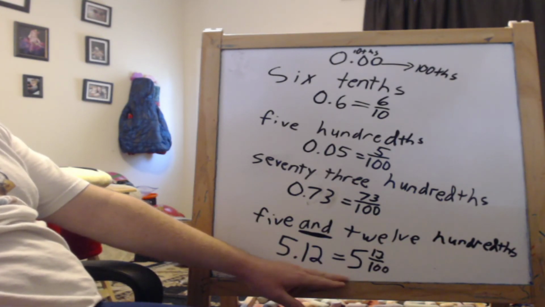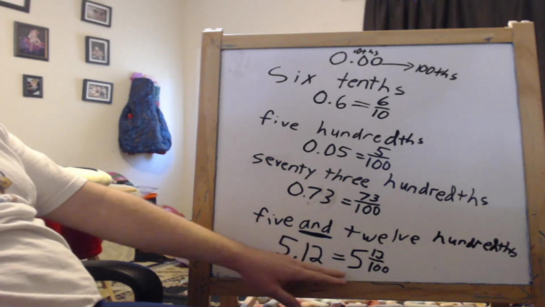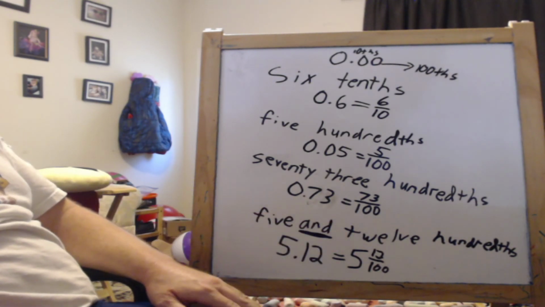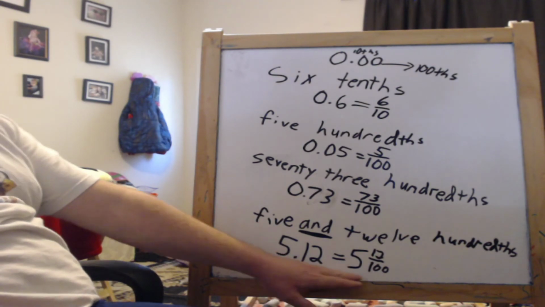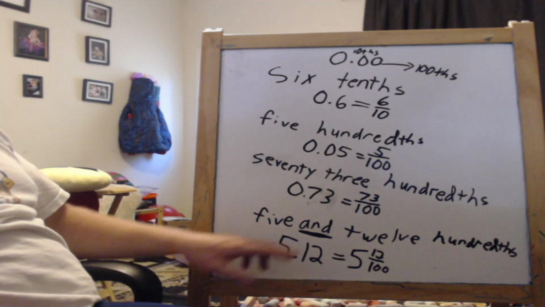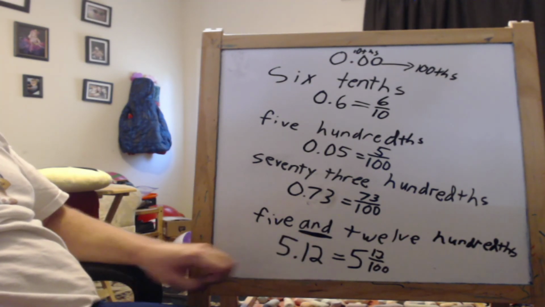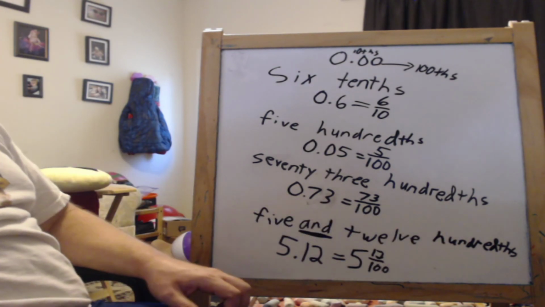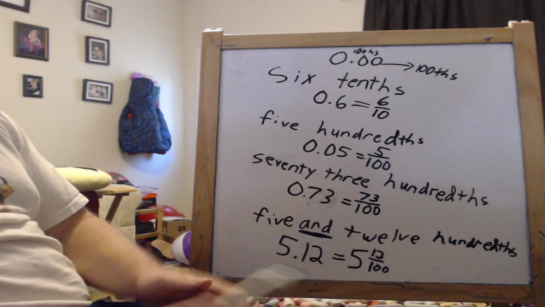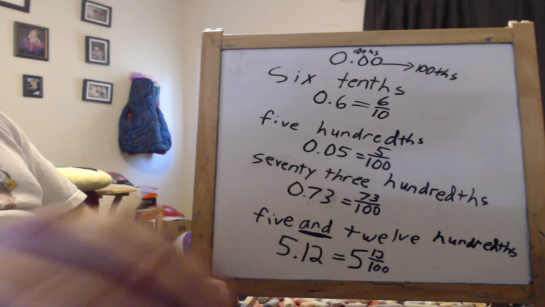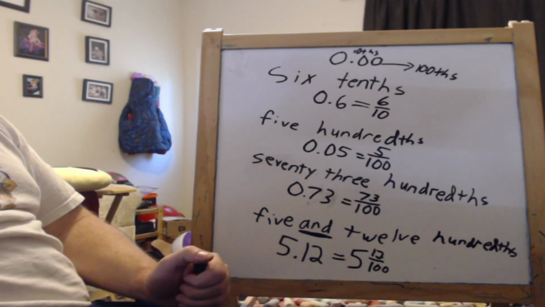And in fraction form, the "and" means that whatever comes before the "and" is the whole number. So it's 5 and 12 hundredths. That means that the 5 is a whole number. And then the "and" is either the decimal or where the fraction part of the mixed number starts. So hopefully that cleared up a couple of misconceptions.